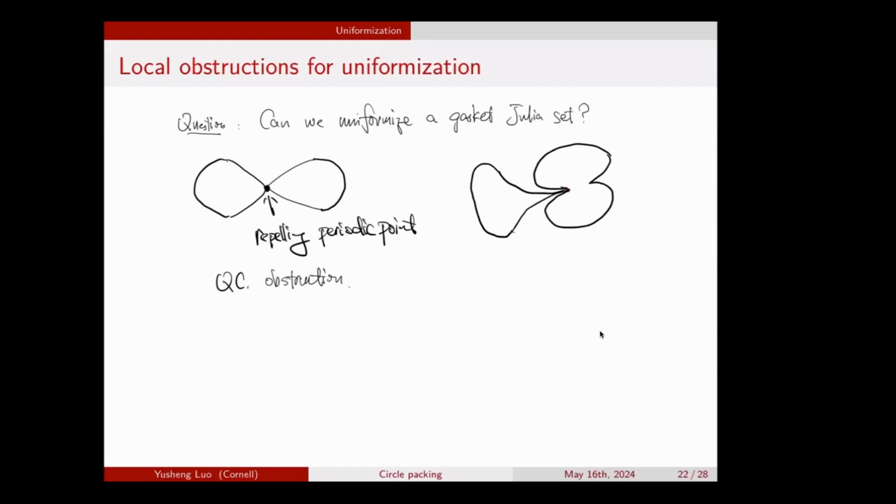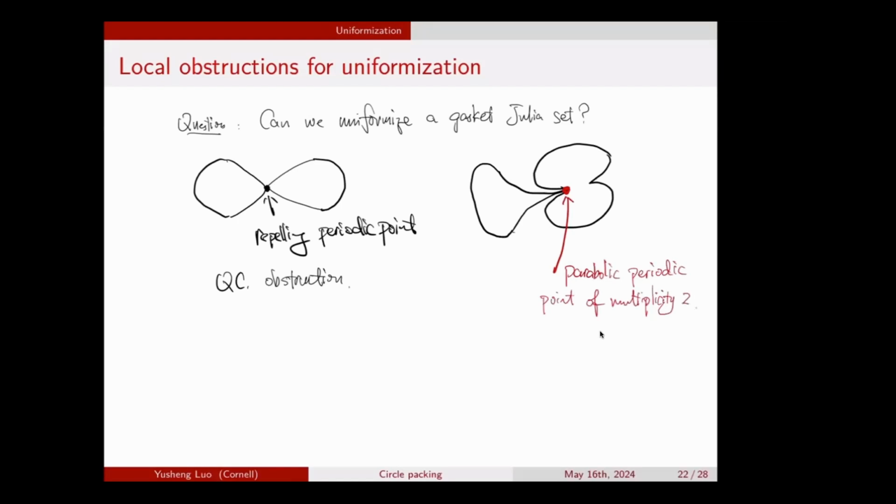Right, so this happens if this point is a parabolic point of multiplicity two.